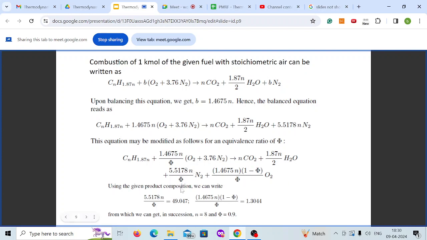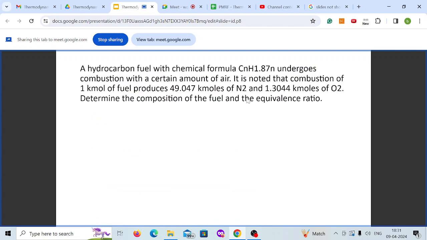So 5.5178n by phi is 49.047, and similarly for oxygen we know the moles present. Correspondingly we have two equations and two unknowns. We solve this, and we get n as 8 and phi as 0.9. We can substitute this in the fuel formula and get the composition of the fuel.